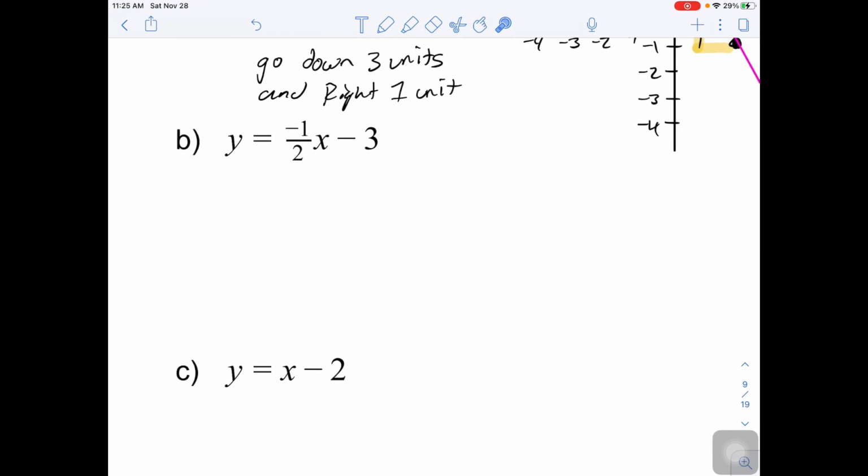y equals -1/2x minus 3. So here is our y-intercept.